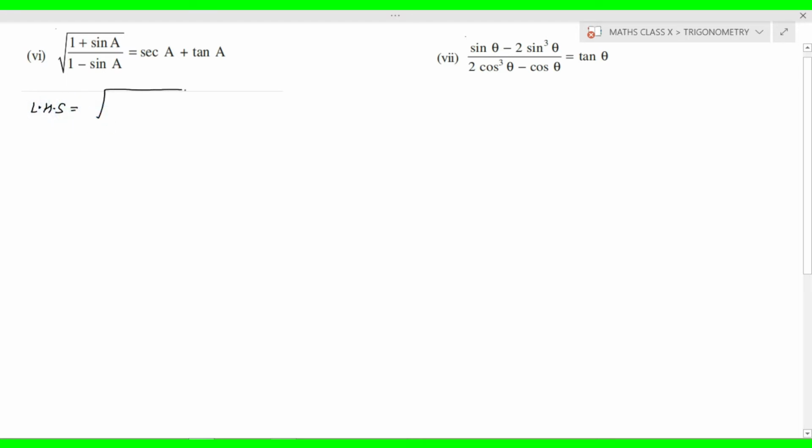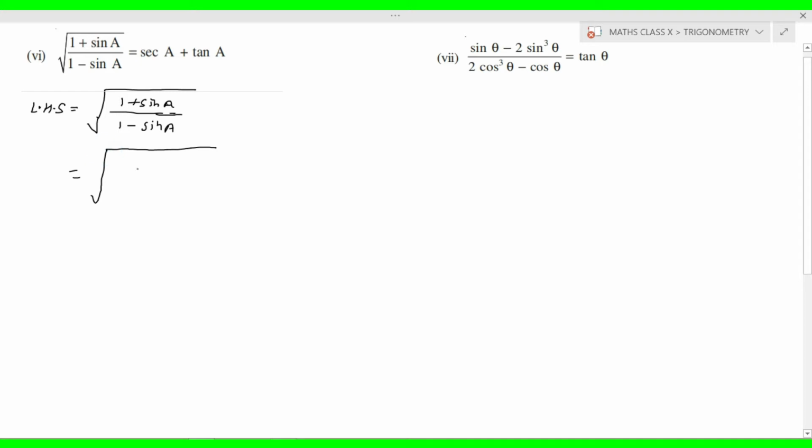The first step you must note down 1 plus sin A divided by 1 minus sin A. Now to remove this square root we need a perfect square inside the square root sign. So for that, first step we rationalize the denominator.